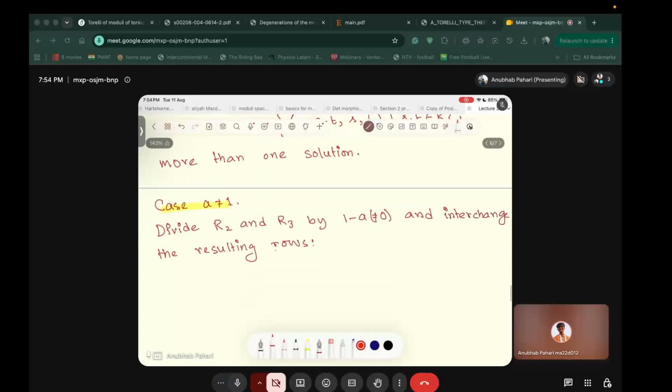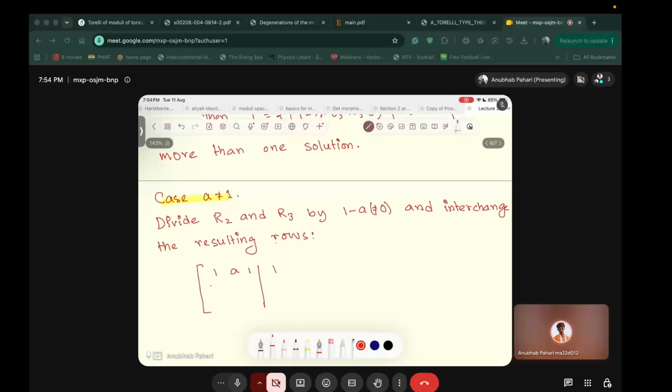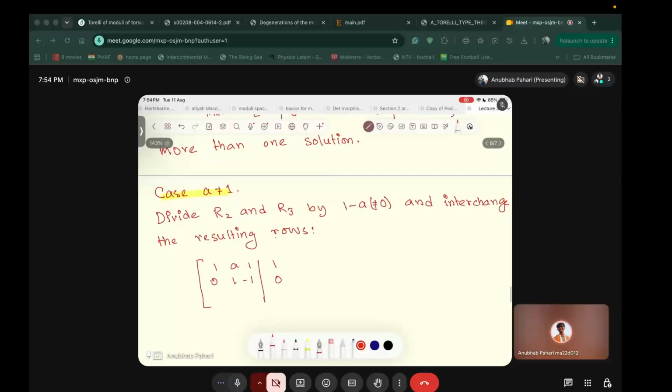Which is, again, the first one will be fixed: 1, a, 1, 1. The second one, if you divide it by 1 minus a, will be 0, 1, minus 1, 0, and the third one will be 0, 1 plus a, 1 and 1.